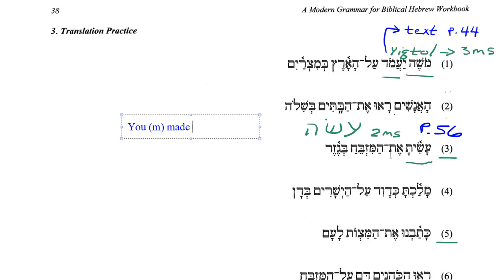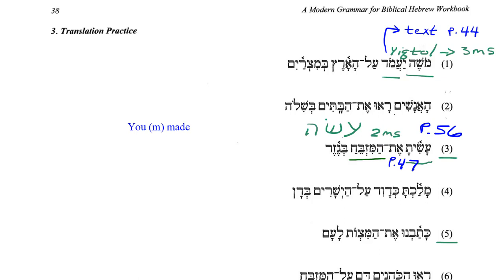Now notice et here. This is the direct object marker, and that is covered in chapter 8 on page 47. Okay, so page 47, top of page 48. The et is the direct object marker, and it essentially tells us that what comes after it is the direct object of the verb. So we have ha mizbeach.